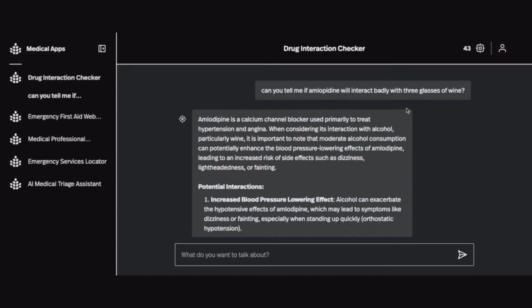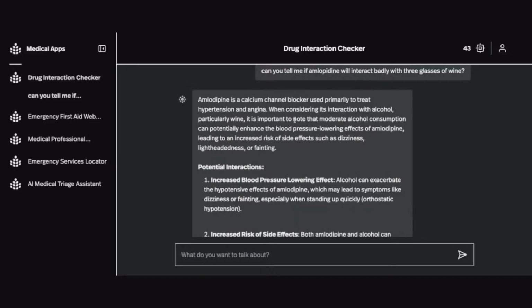Can you tell me if amlodipine will interact badly with 3 glasses of wine? Now, amlodipine is blood pressure medication, and this is the quality of output that the app will give. It will give you what amlodipine is. It's a calcium channel blocker used in hypertension and angina.